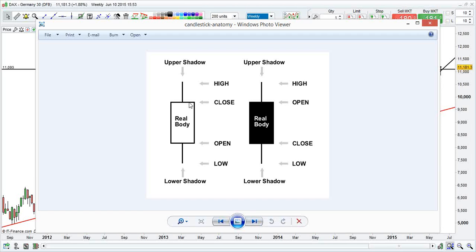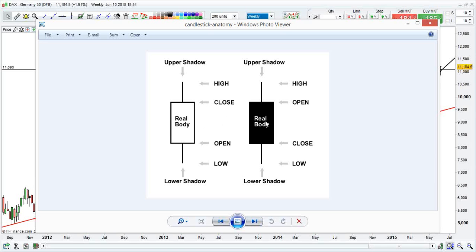Has it been an up day or a down day? Most platforms will allow you to change the color of the candles. So use a color that you are visually comfortable with, but be consistent. If you choose a color for your bull or your bear, just make sure you leave them, whether they're white or black or green or red. Be consistent with those candles, so visually every day you will know what the market is doing.